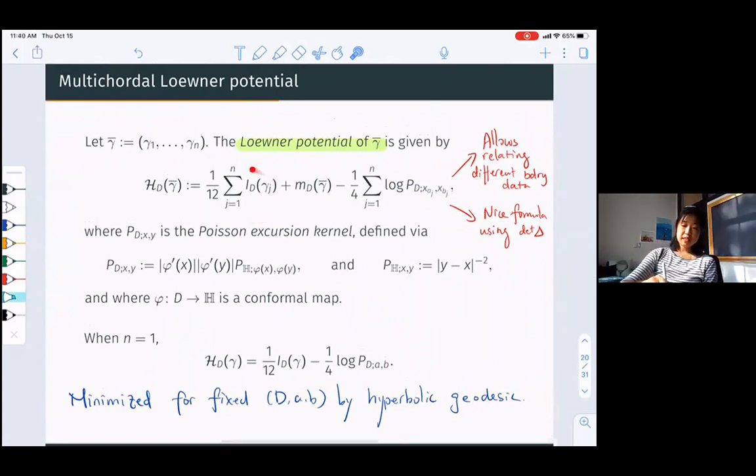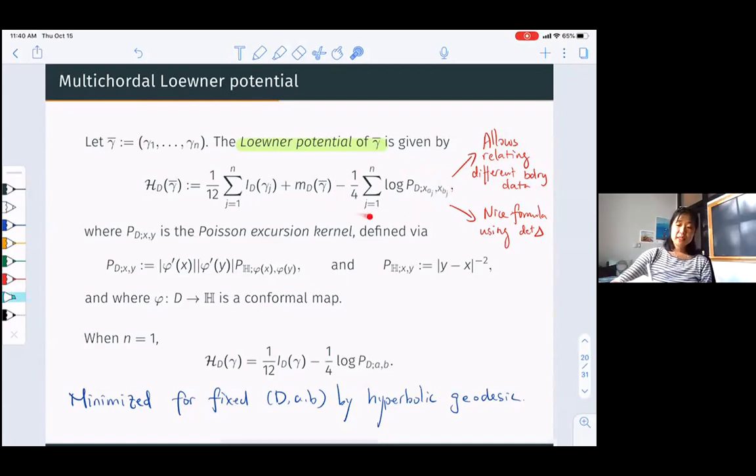It is just taking the sum of the Loewner energy divided by 12, plus a term which comes from the Brownian loops, which is also the term inside the Radon-Nikodym derivative of the multiple SLE. And the last term is the Poisson excursion kernel about the boundary points. It does not depend on chords, only on the boundary points.